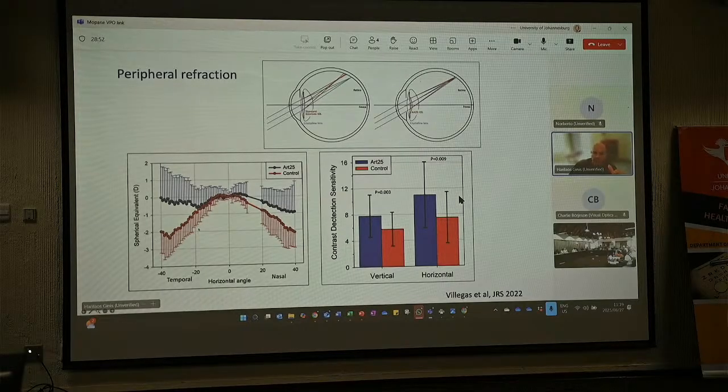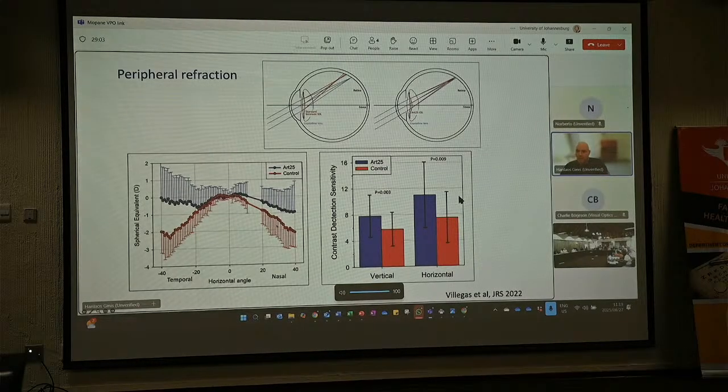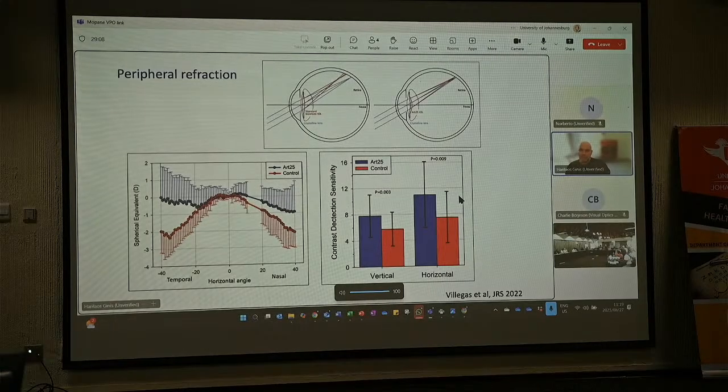A good part of this is astigmatism, reflected in the spherical equivalent here, and this defocus, astigmatism and other aberrations do have an effect on our detection sensitivity in the periphery. This is done at 40 degrees visual field, and vertical and horizontal had a similar effect.